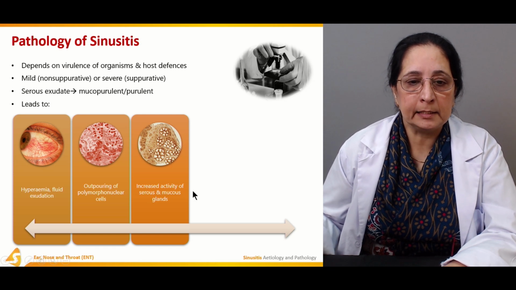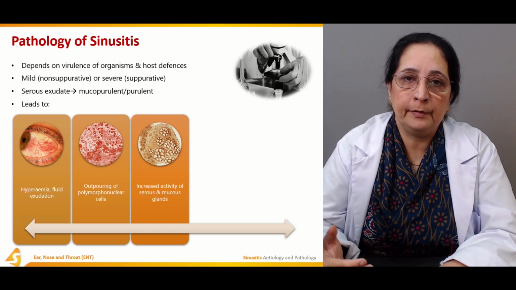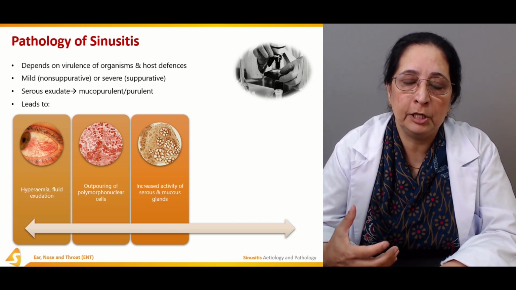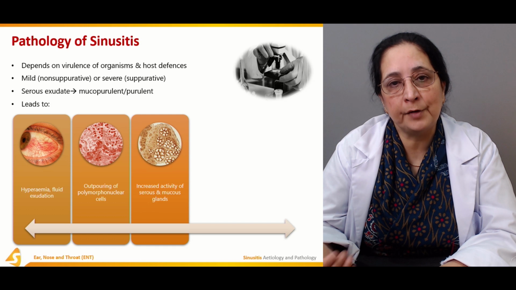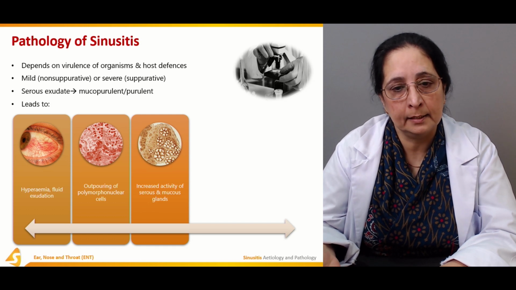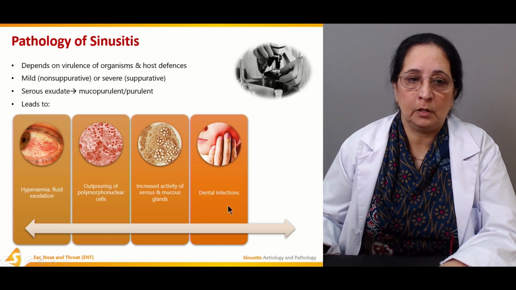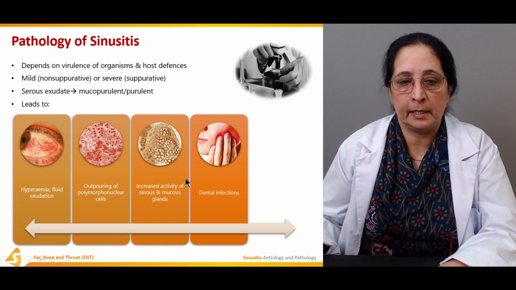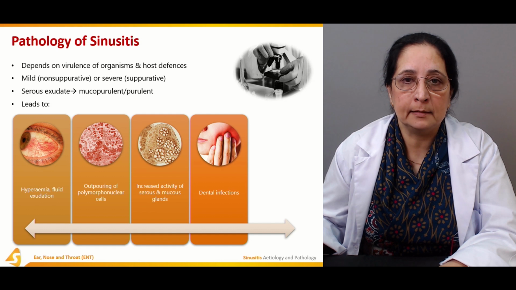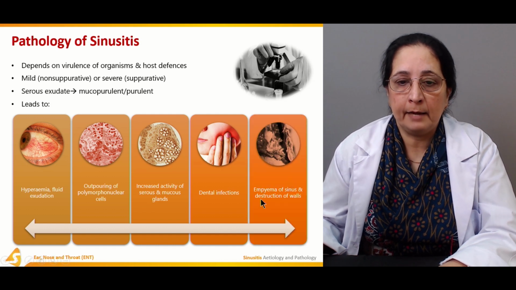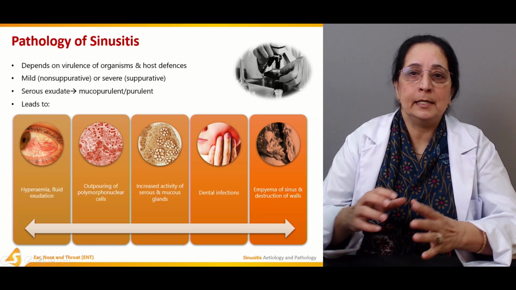There is increased activity of serous and mucous glands. As a result of inflammation, there is inflammation of mucous and serous glands, and this causes increased production of mucus and serous fluid. Dental infections also can occur as a result. Dental infection can lead to sinusitis in the maxillary sinus. Then we have empyema of the sinus and destruction of the sinus wall.